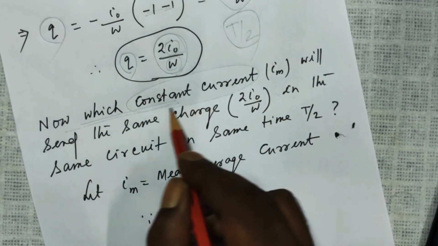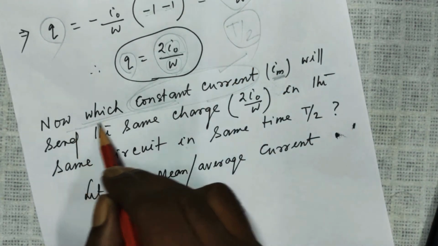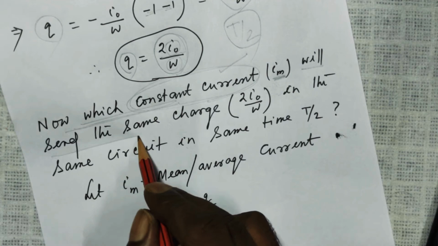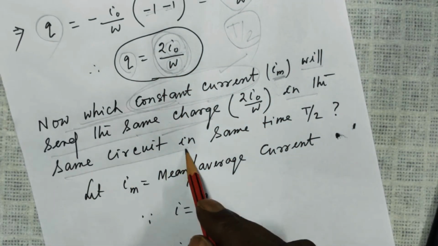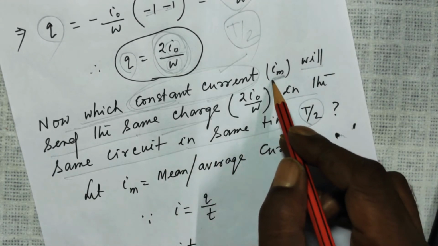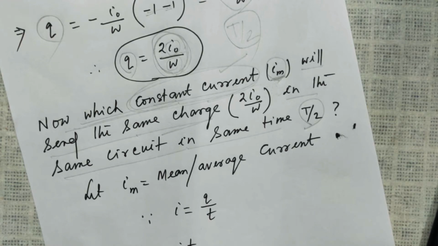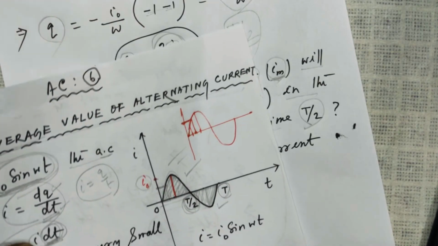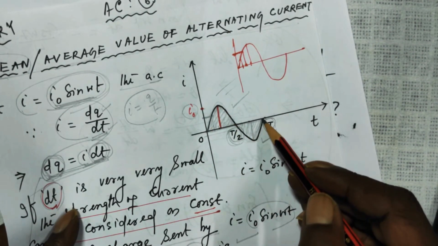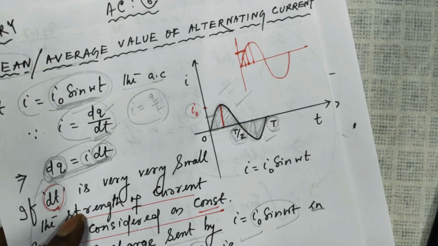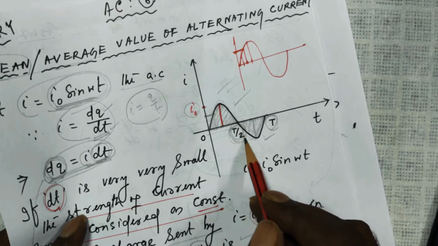Now the question is, which constant current, let that constant current be Im, will send the same charge in the same circuit in time T by 2? That constant current will be called the mean value of this alternating current. Means when this alternating current is flowing through a circuit, it is sending some amount of charge through the circuit in time T by 2.